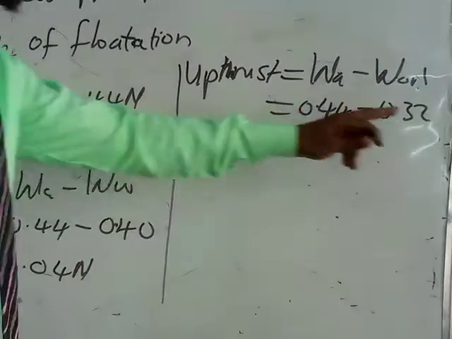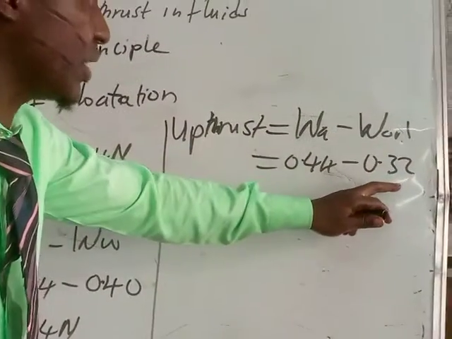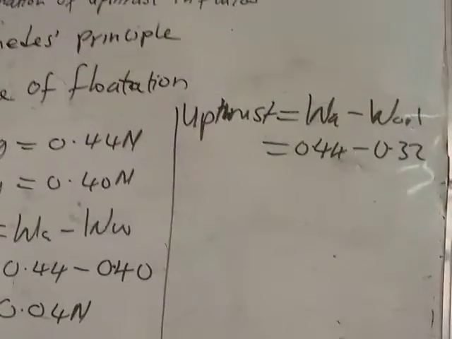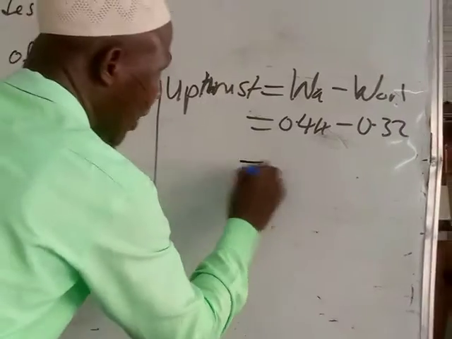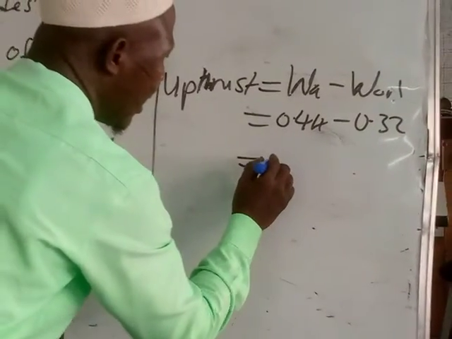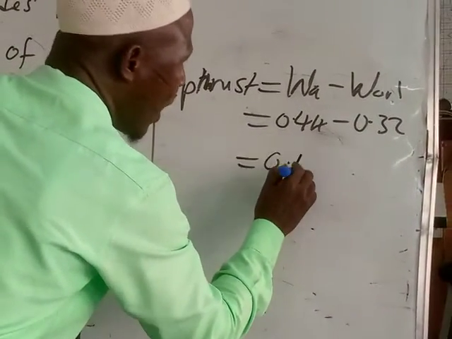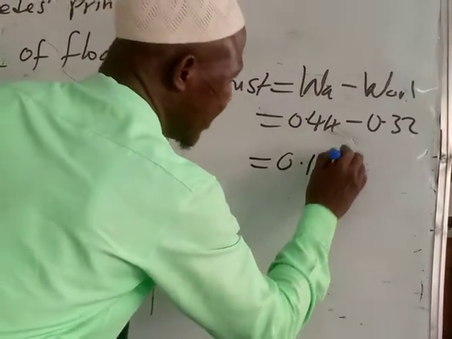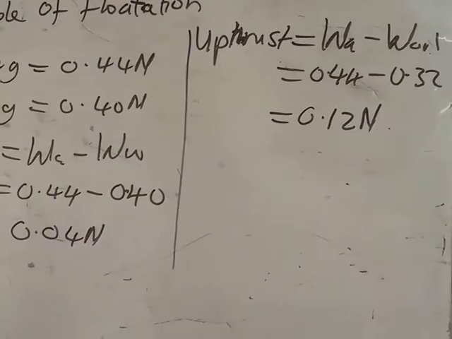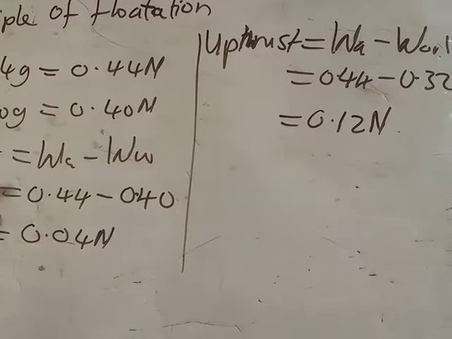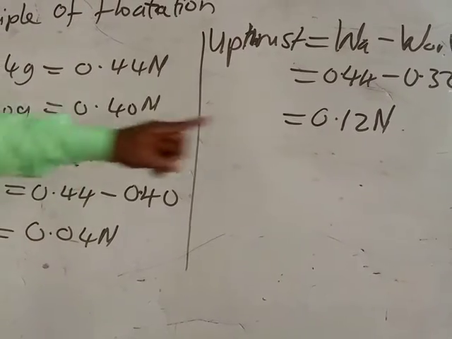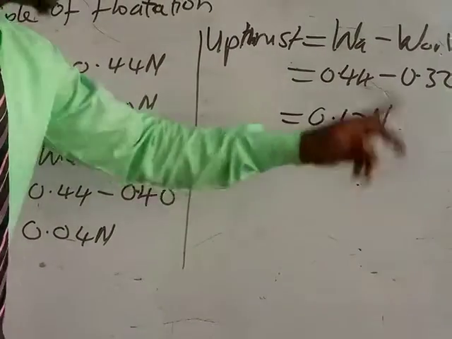It's 32 grams, and when you convert it to Newton, it gives you 0.32. So you now subtract, and this gives us 0.12 Newton. Therefore, the upthrust in water is less than the upthrust in oil.